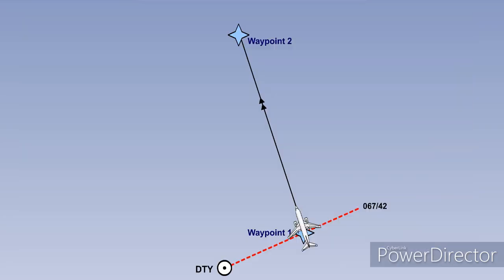How does the RNAV system work? In our example, the aircraft is flying from waypoint 1, defined by Daventry VOR DME as bearing 067 degrees, range 42 nautical miles, to waypoint 2, defined by Pole Hill VOR DME as bearing 066 degrees and range 29 nautical miles.